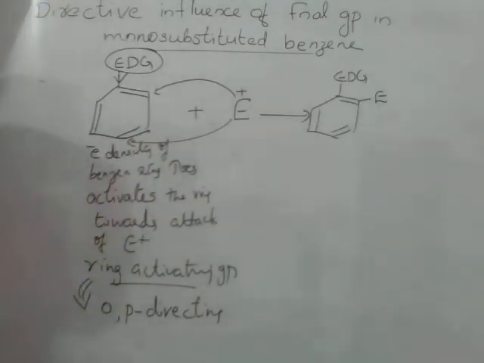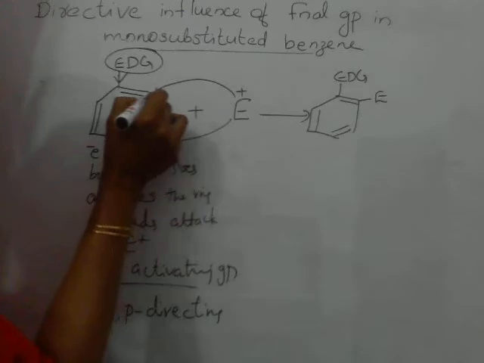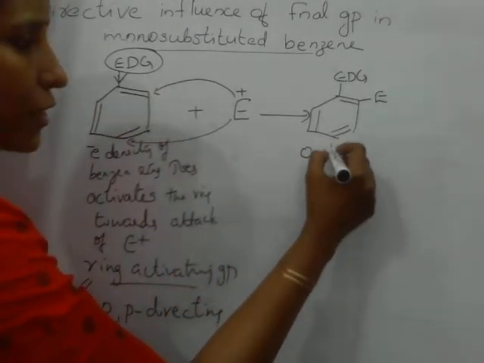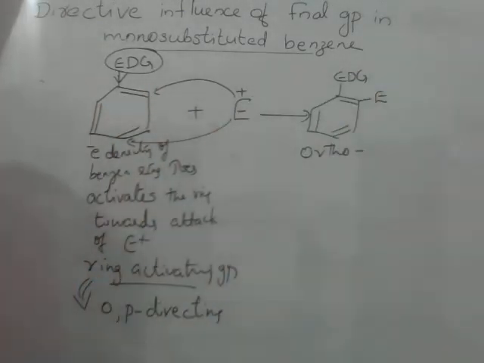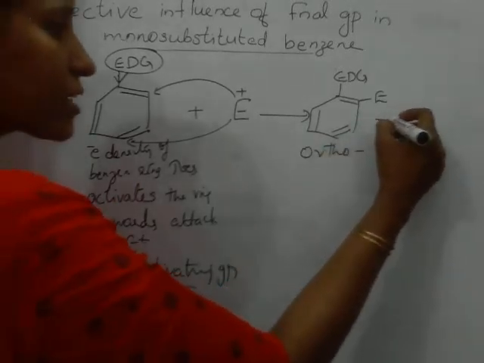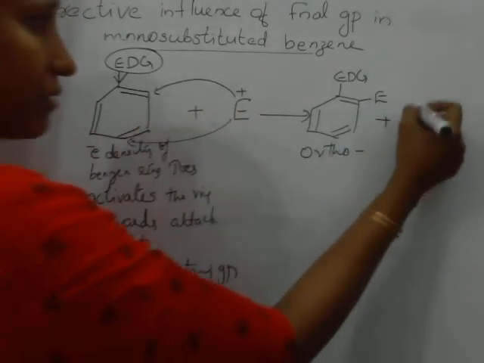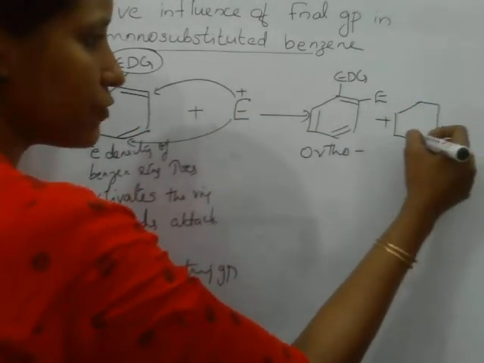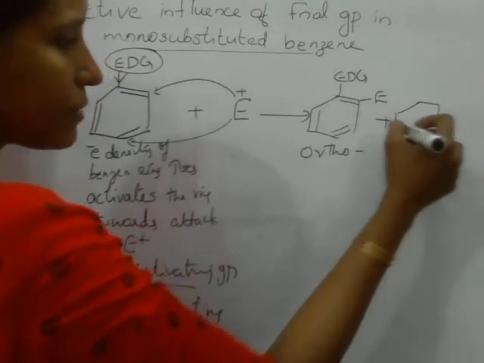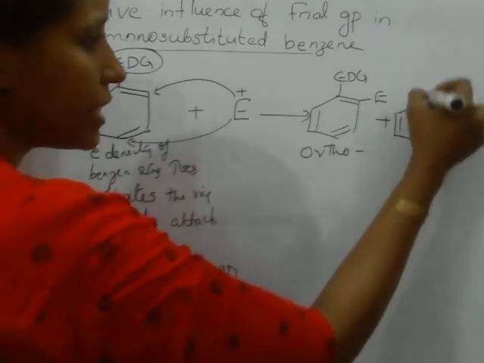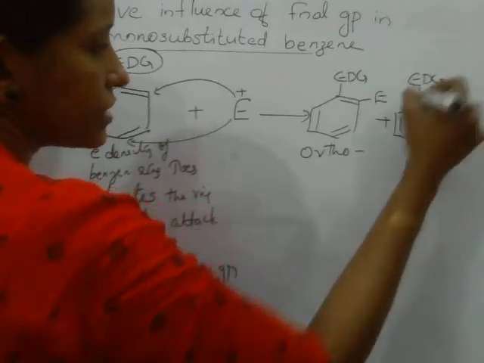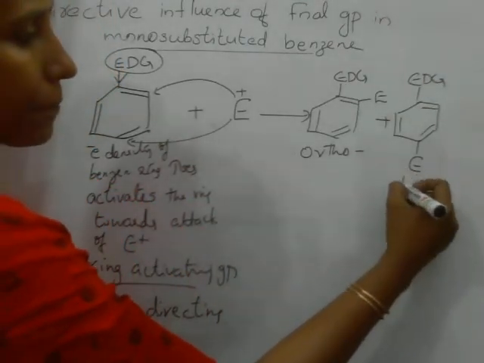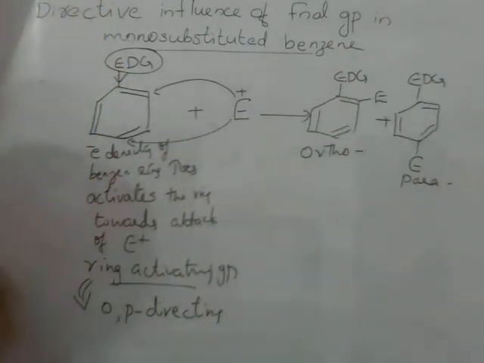Substitution takes place in ortho, the electrophile attacks the ortho position and we get an ortho disubstituted product. If the electrophile is directed towards para, we get the other product in which the para carbon atom is attacked by the electrophile and we get the para-disubstituted product.